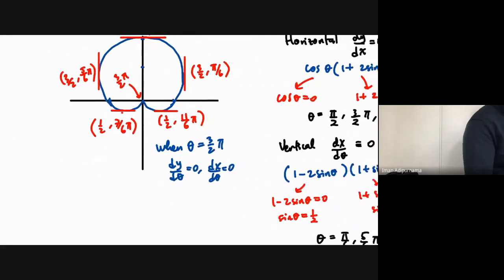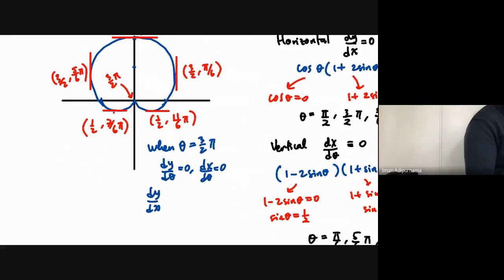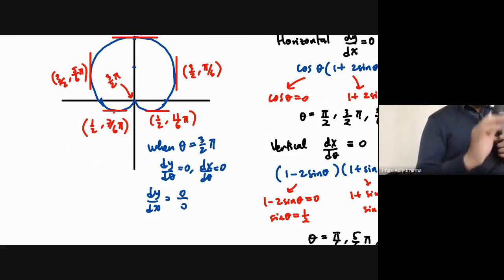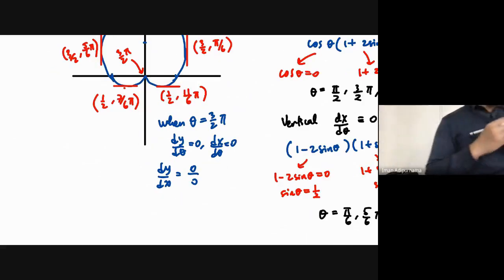So you get dy over dx is what? 0 over 0, right? And we know from Calculus 1, the first calculus you took last semester, that 0 over 0 is an indeterminate form, in which we are not sure what kind of tangent this point has.